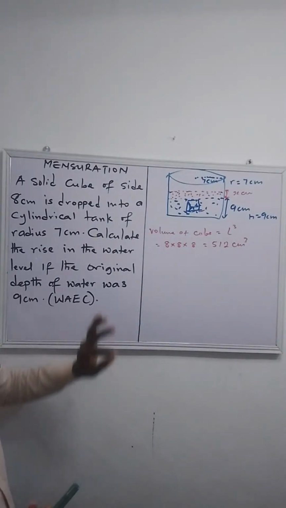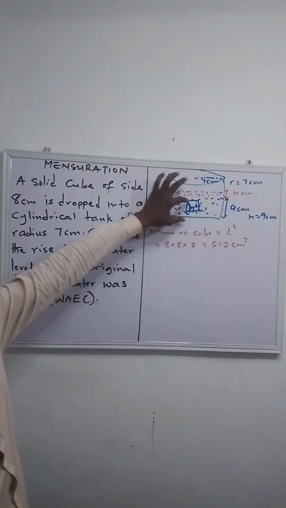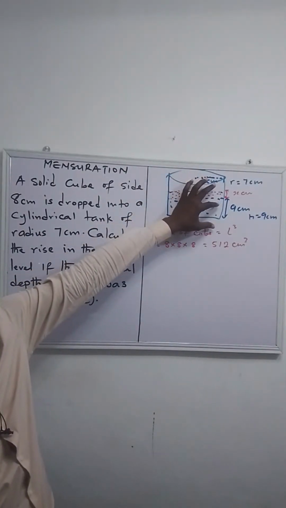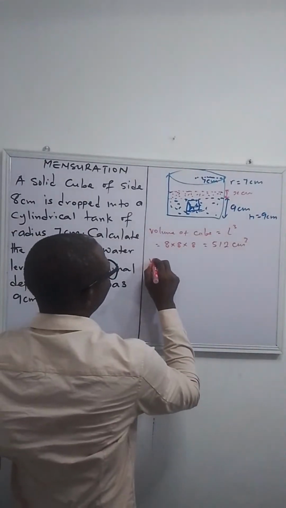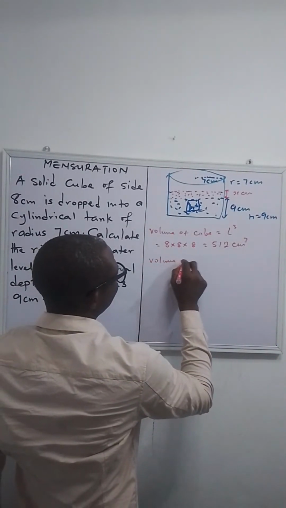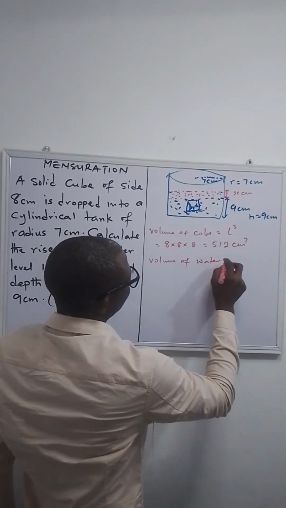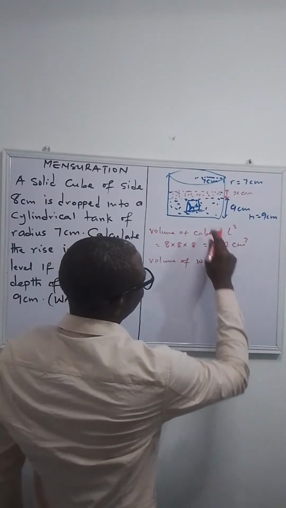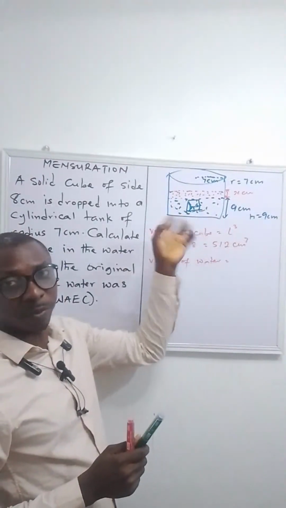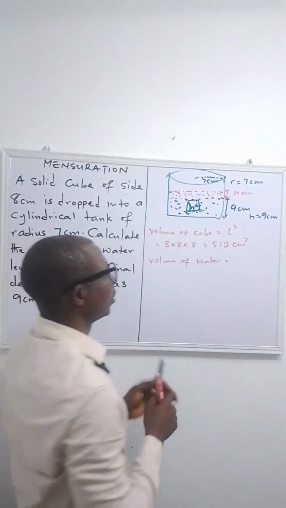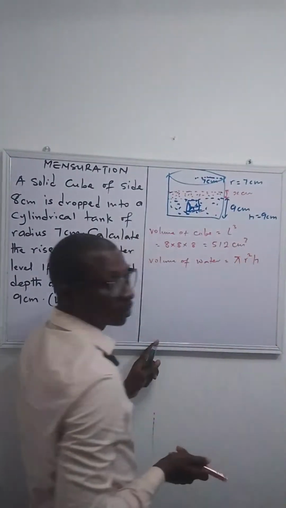Now let us get the volume of the water inside this cylinder. What's going to be the volume? The volume of water inside the cylinder is going to take the shape of the cylinder. So it's going to be pi r squared h.